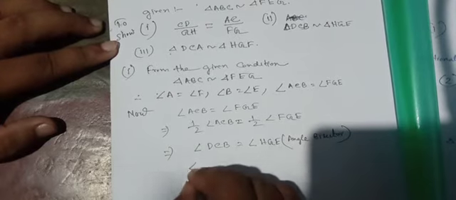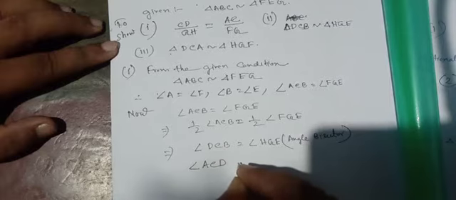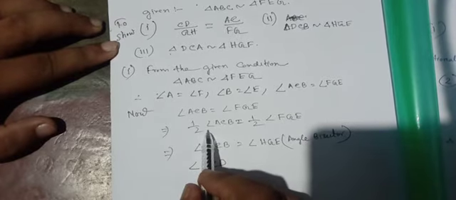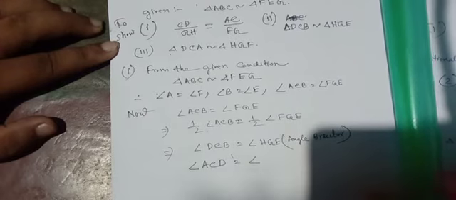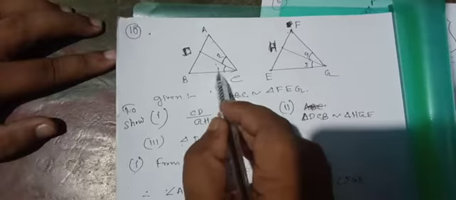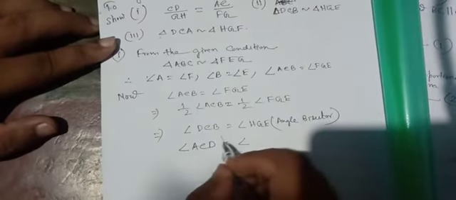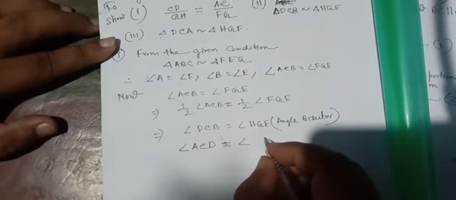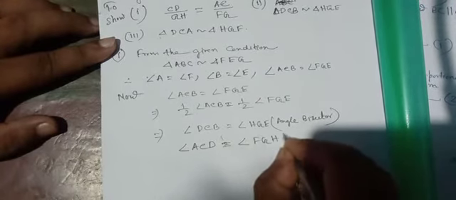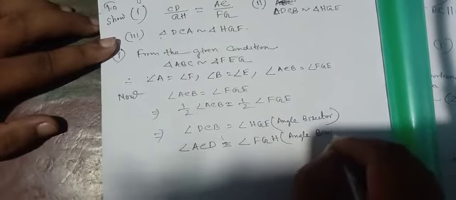And also angle ACD, means angle 2 will be equal to 4, 1 will be equal to 3. That is, angle ACD will be equal to angle FGH. This is also an angle bisector.